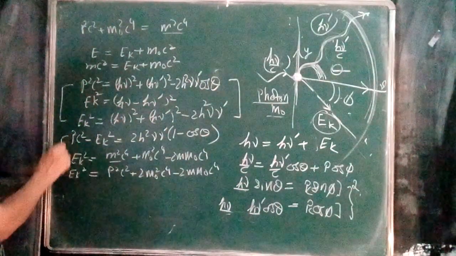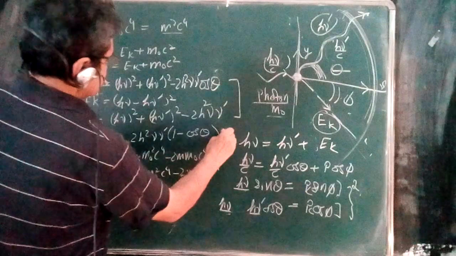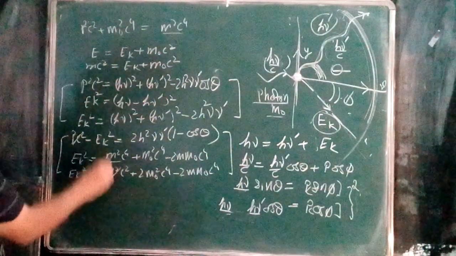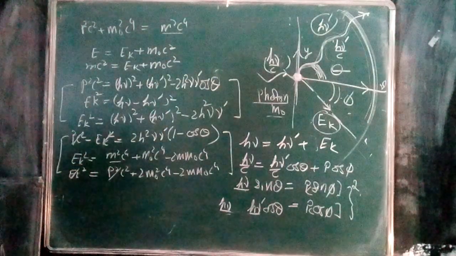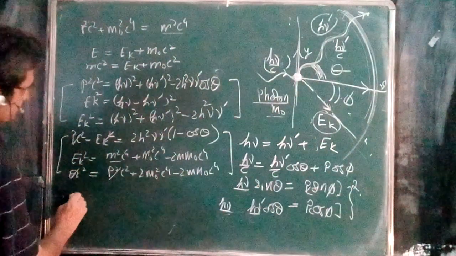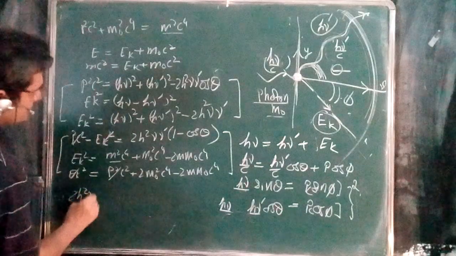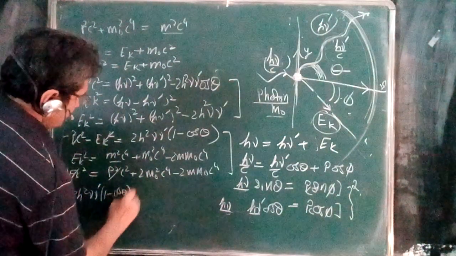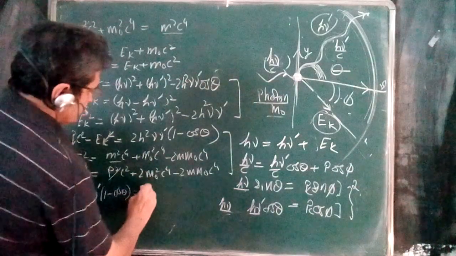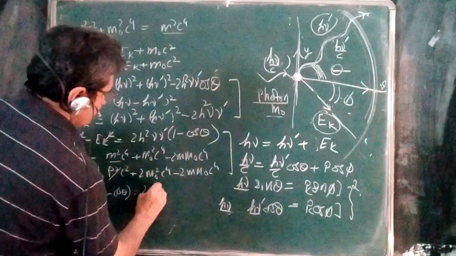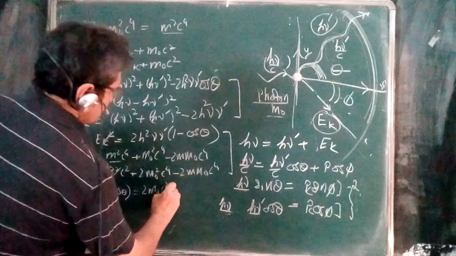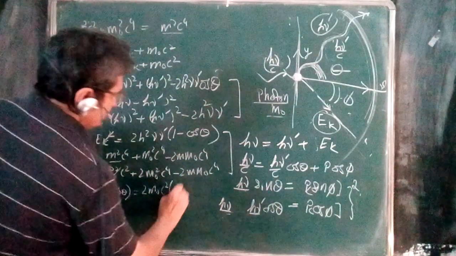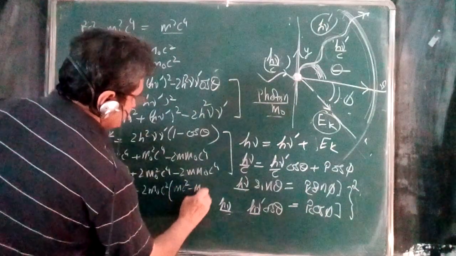Now I add these two equations. So this gets cancelled and this gets cancelled, and I finally get twice h square mu mu dash 1 minus cos theta is equal to twice m0 c square into mc square minus m0 c square.